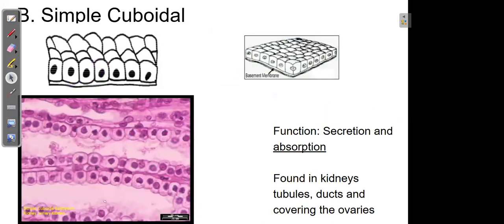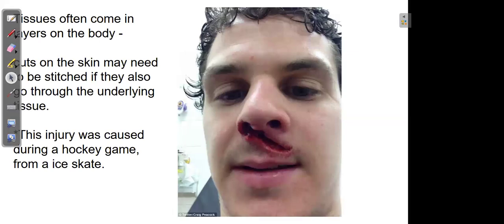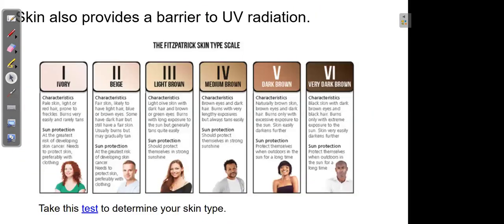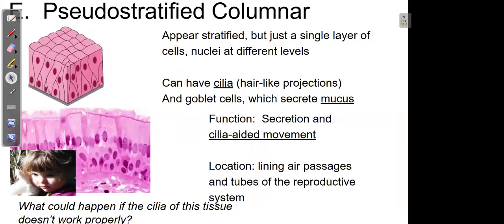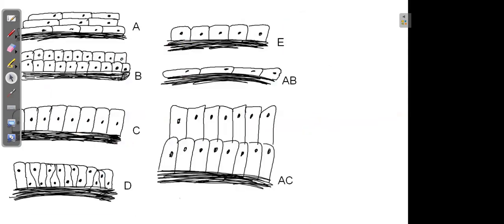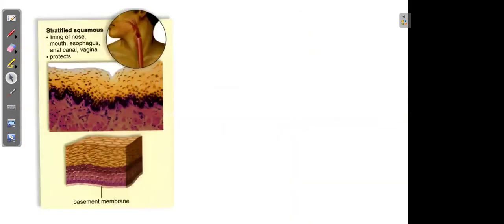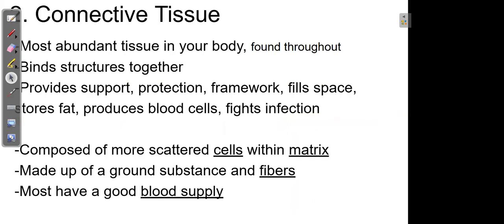Simple squamous we had done, simple cuboidal we had done, simple columnar, stratified we had done. In the last class we did something a little bit about the connective tissue.